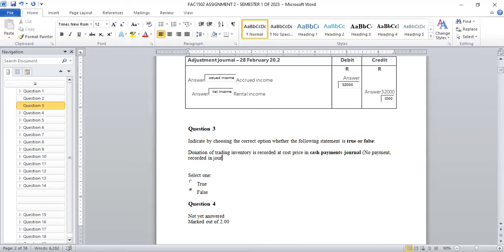So although they were correct to say that it's recorded at cost, the wrong thing is that the journal they've stated there is wrong. It's supposed to be the general journal, not the cash payments journal. So there can be one word that can change everything.